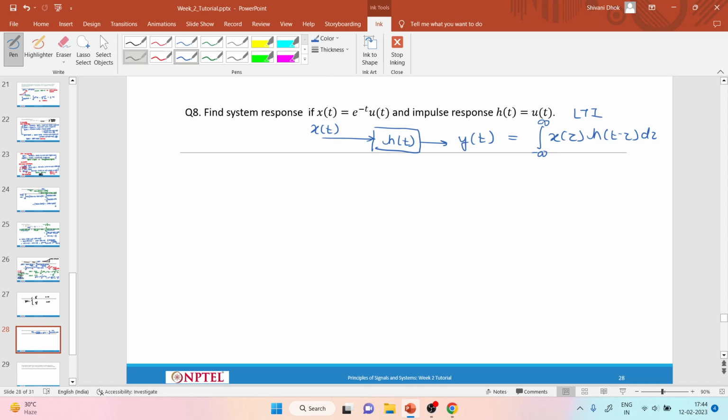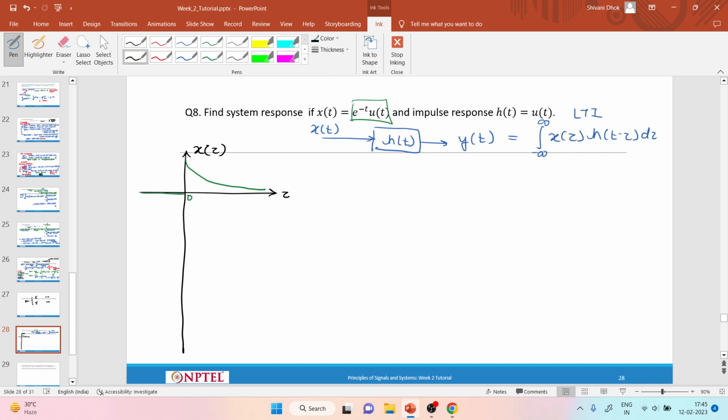Now let us first draw how this x of tau will look. Let's say this is my tau axis, and first I'll draw x of tau. Again it is a decaying exponential, that is e power minus tau u of tau. So it is something like this, and it is 0 till 0.